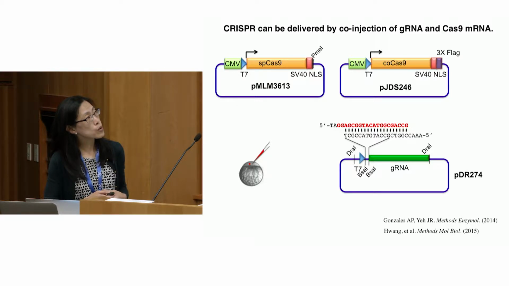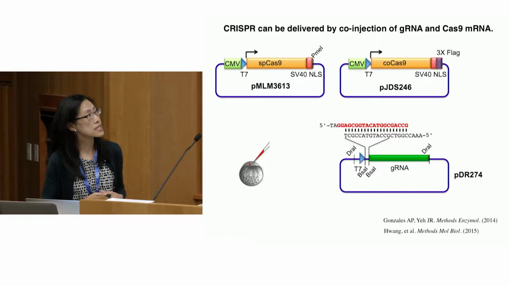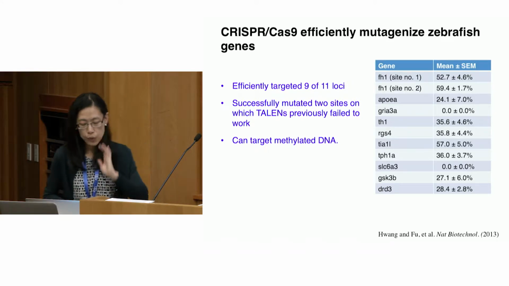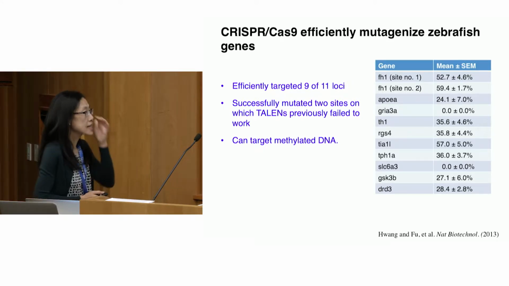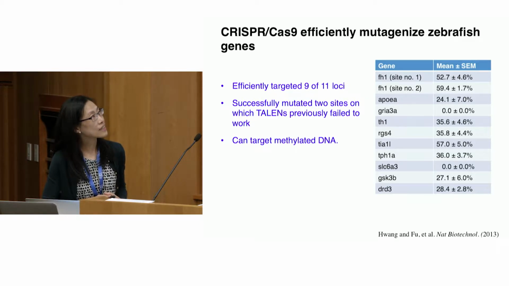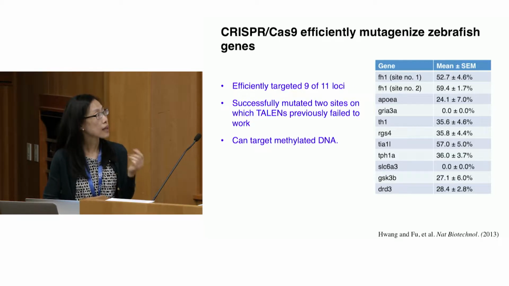Later on, we also used mammalian codon-optimized Cas9 sequences and found that it's slightly better. In that study, we found that CRISPR-Cas9 can efficiently mutagenize 9 out of 11 genomic loci we tested.